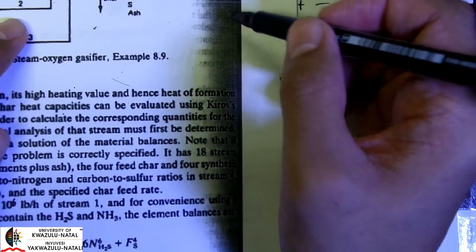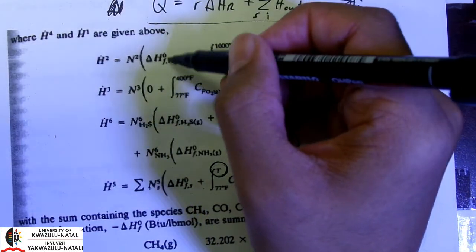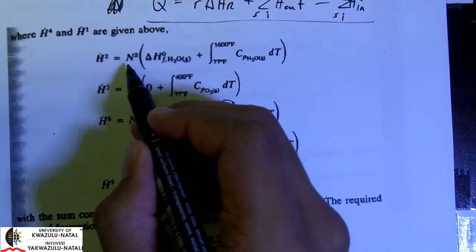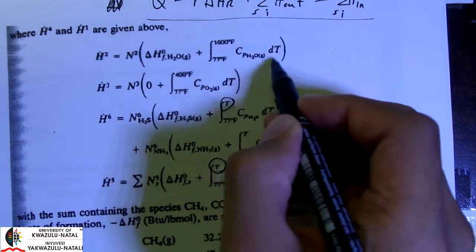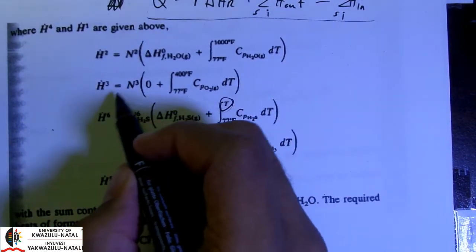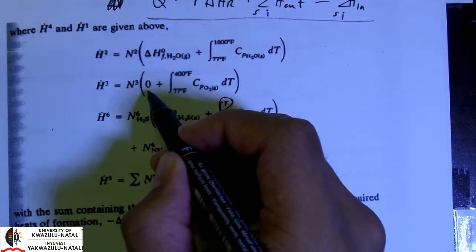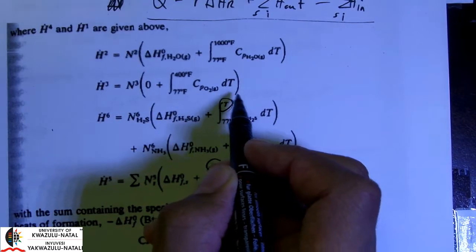Okay, in stream 2 there is only water, so we simply need to retrieve the heat of formation of water. So here's the molar flow rate, the enthalpy of formation, and the sensible heat. In terms of stream 3, there is only an oxygen input and the heat of formation of oxygen is 0. So that's my enthalpy there.